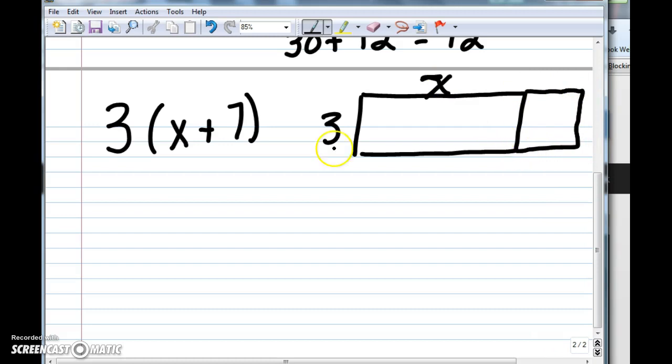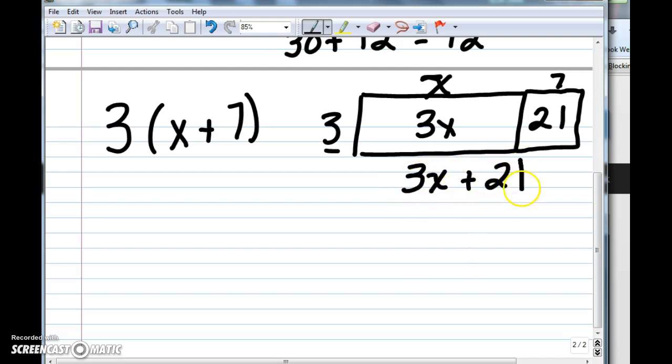Again, the scale's a little off, but if we were to calculate the area of the rectangle, it's this 3 times x is 3x, 3 times 7 is 21, and the total area is the sum of those two areas, which is 3x plus 21. So 3 times x is 3x, 3 times 7 is 21.